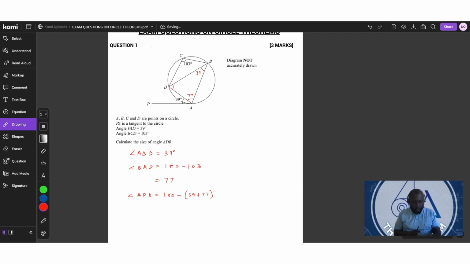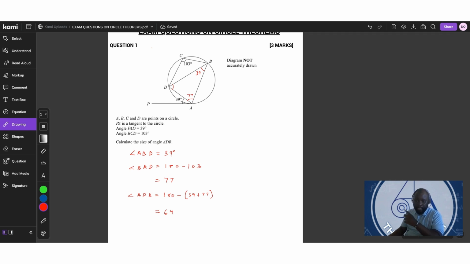So we now have 180 minus, you open the bracket, 39 plus 77, and you get that answer equal to 64. Now, if you can do that in the calculator directly, then you just place it in the calculator. But if you can't, then it's okay. It's very much okay for you to add and then subtract, whichever one you find easier to do. So we have solved this question without giving reasons.